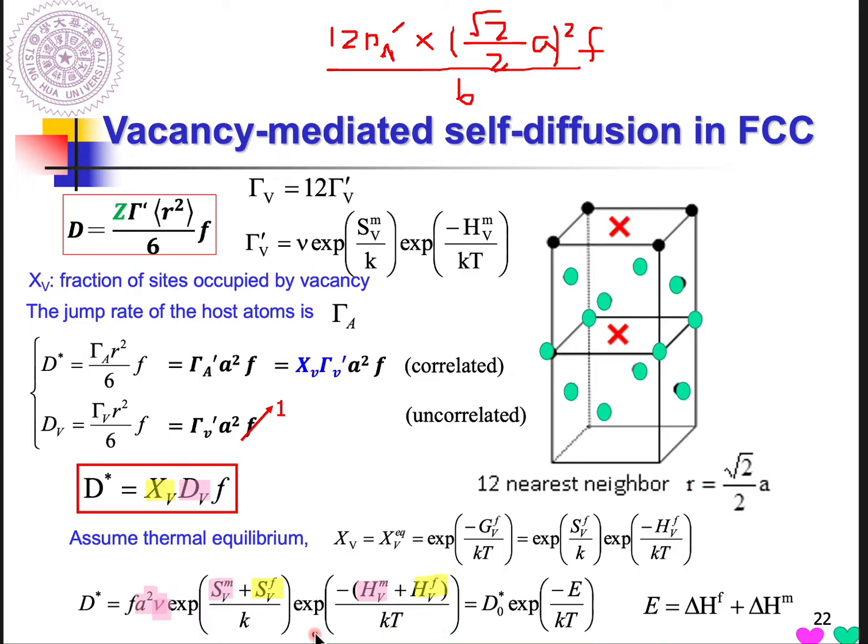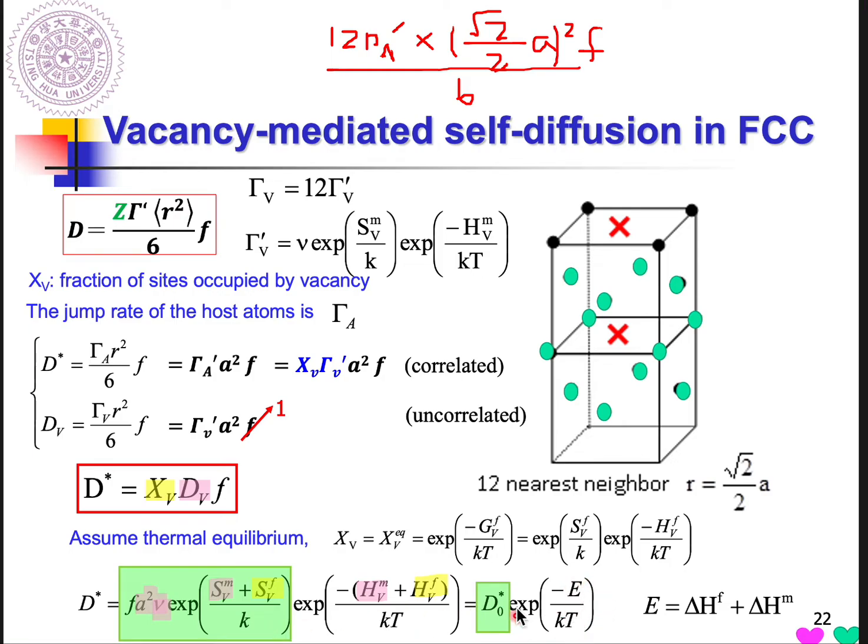In most cases you see D equals D0 times the exponential of the energy term divided by kT, the temperature dependent term. What does D0 mean? D0 star includes the correlation factor, lattice constant, vibration frequency, and the exponential entropy term.